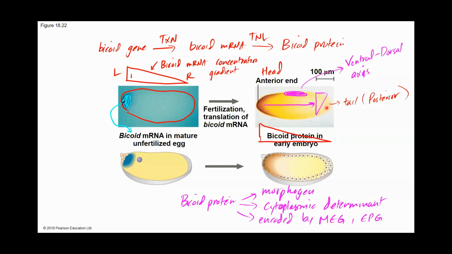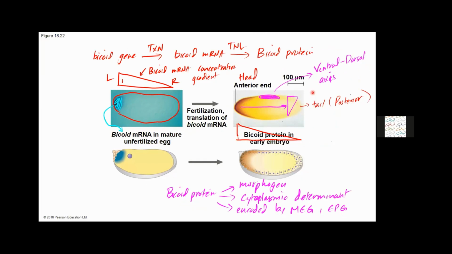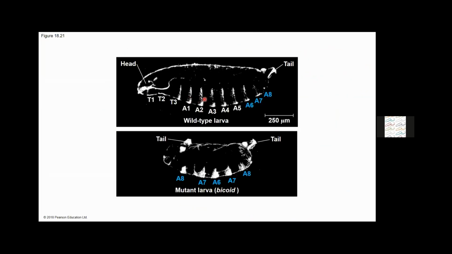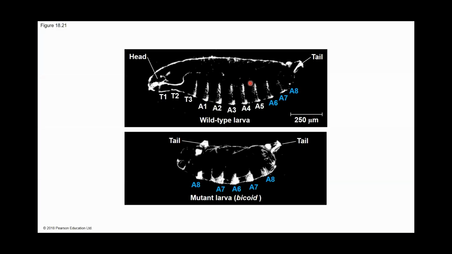That's what is meant by concentration gradient. So here we have a picture of a wild type larvae, a normal larvae with the head, the different segments, and then a tail.